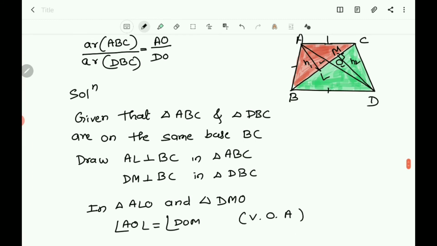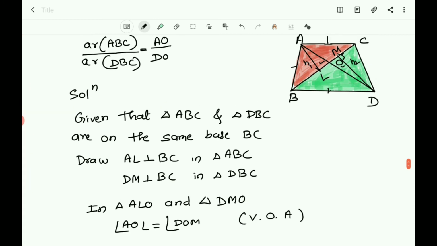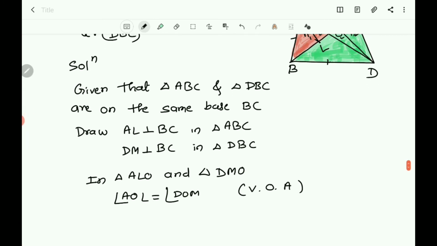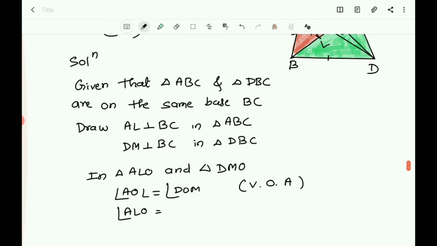Next you write, as AL is perpendicular to BC, angle ALO must be equal to 90 degrees. Also in triangle DBC, DM is perpendicular to BC, so angle DMO must be equal to 90 degrees.